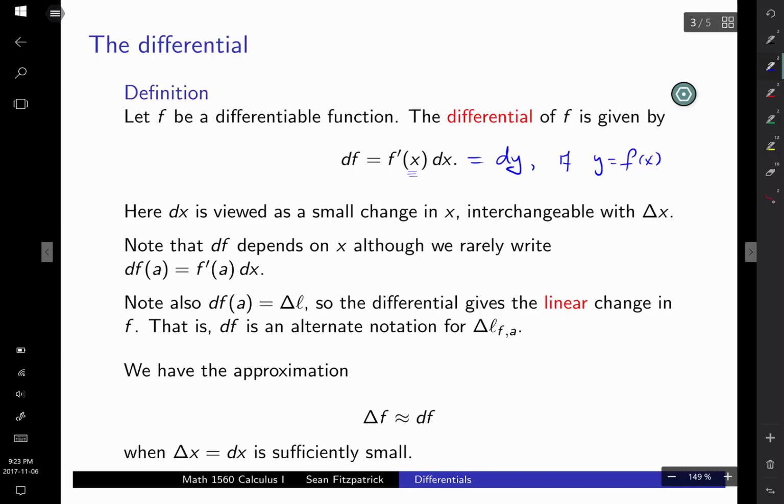It depends on the value of x. So we could use this functional notation here and think of df as depending on this point a, but you usually don't see this. Usually there's a context that tells you what point you're looking at. Occasionally you may see this though.